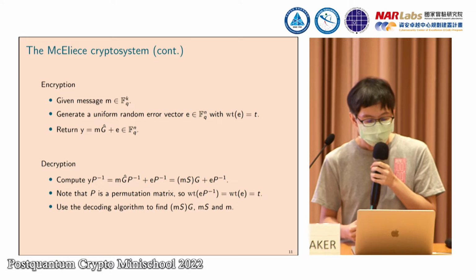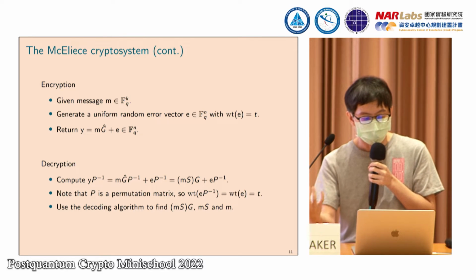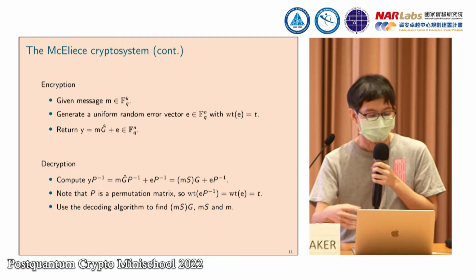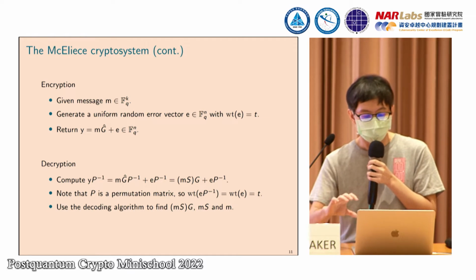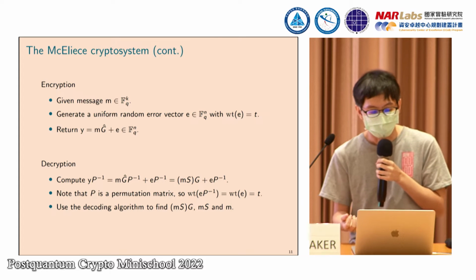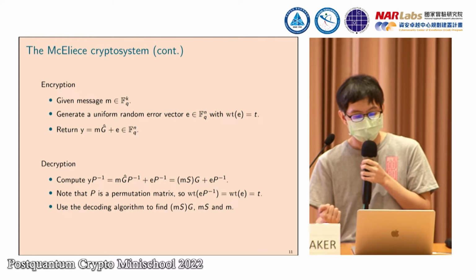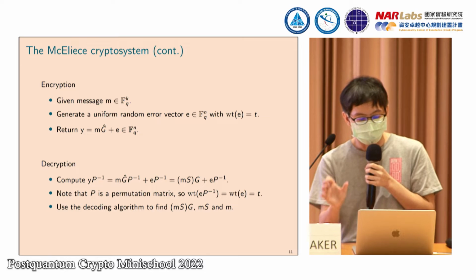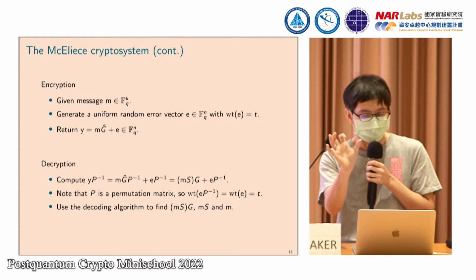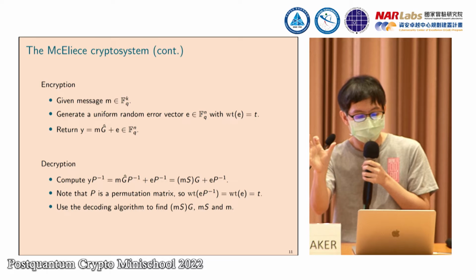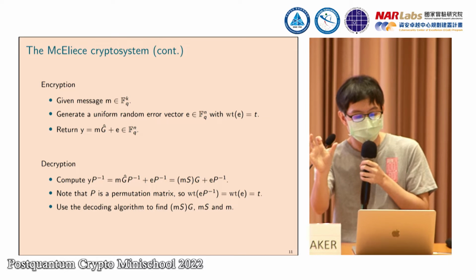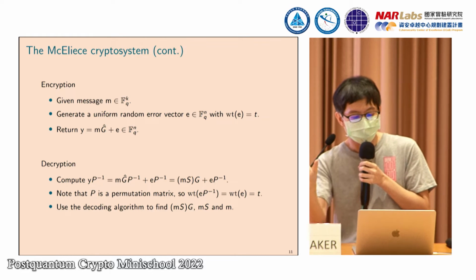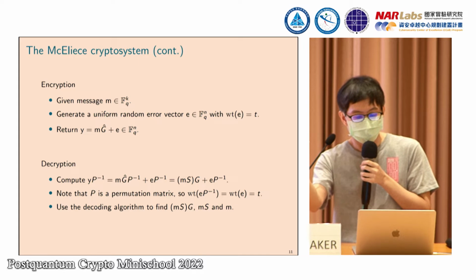And for decryption, the one who receives this ciphertext y can multiply y by P inverse, and then you will get m G hat P inverse plus e P inverse. If you think about this, this is actually the vector mS times the generator matrix G plus an error vector eP inverse.